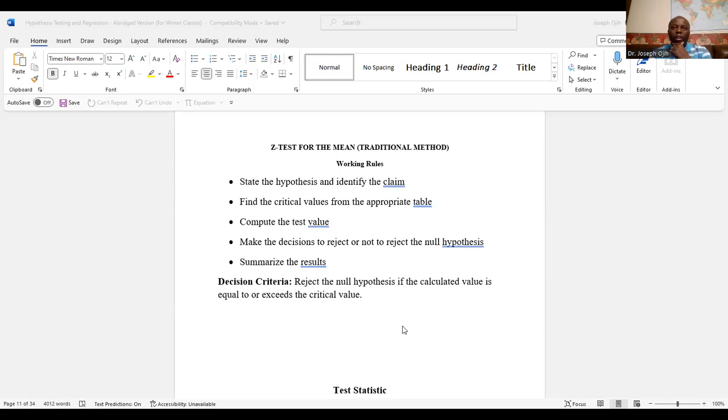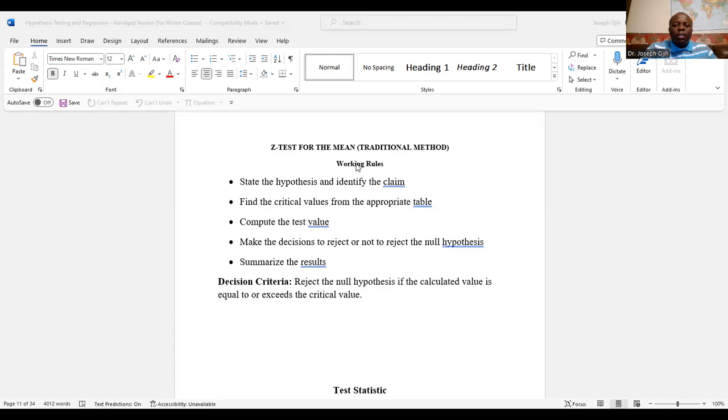We can also have the z-test for proportion as well. Then the third method is the z-test for the mean, but using the confidence interval approach. So let's look at the first one. That's what we'll be focusing on today.